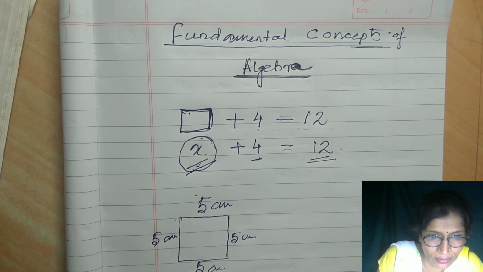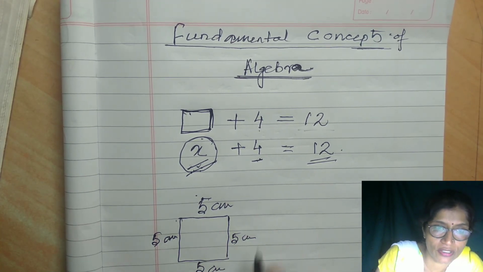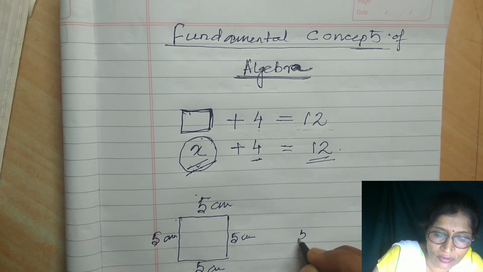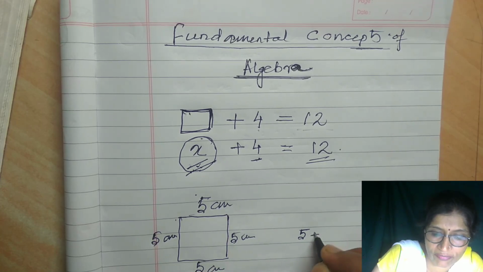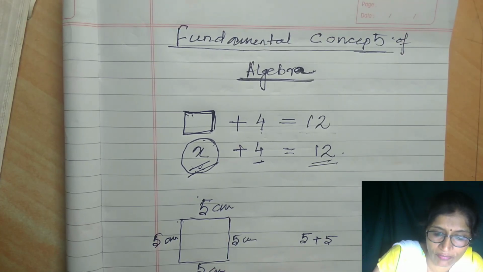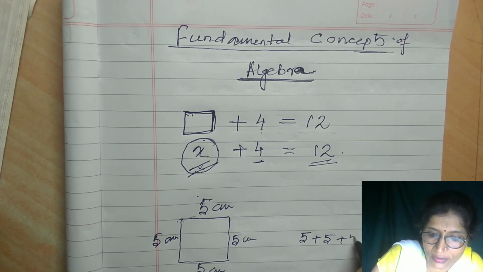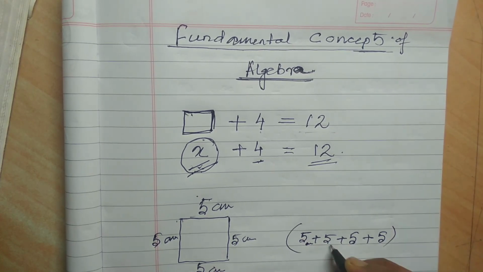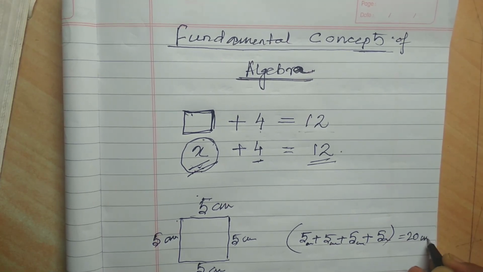So the perimeter of this square is 5 centimeter plus 5 centimeter plus 5 centimeter plus 5 centimeter, which is equal to 20 centimeter.